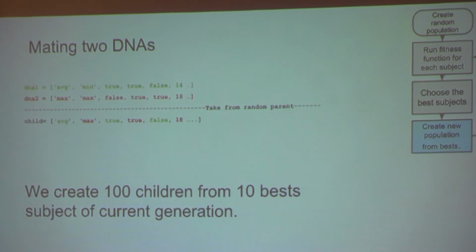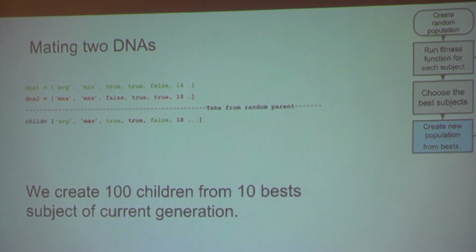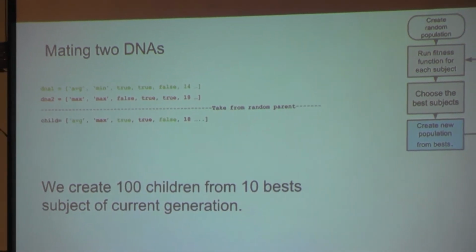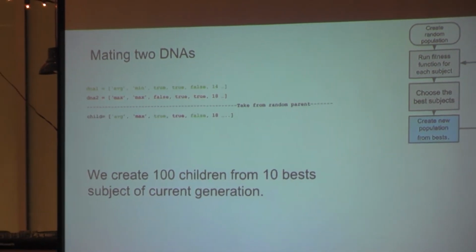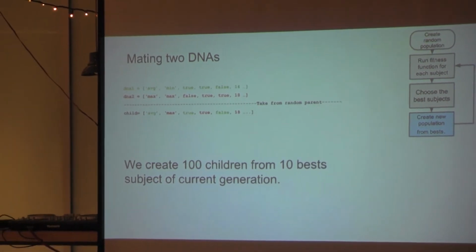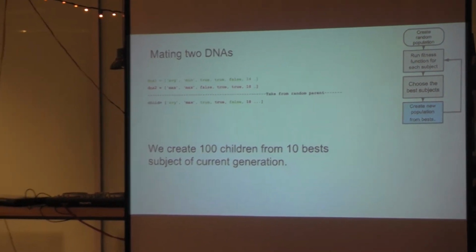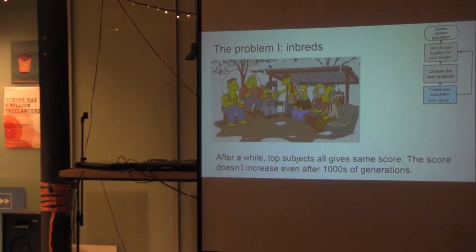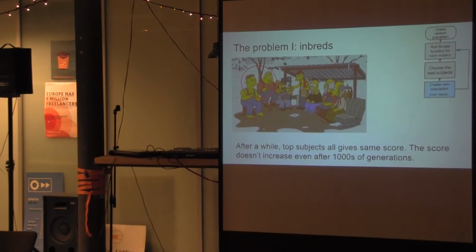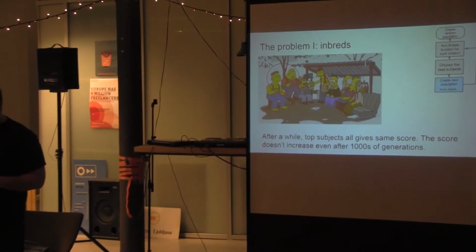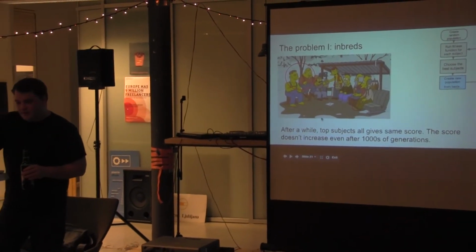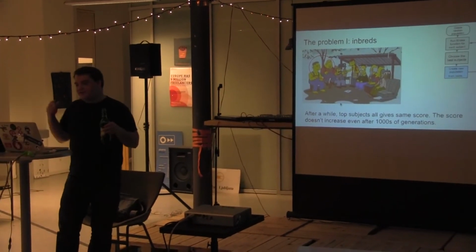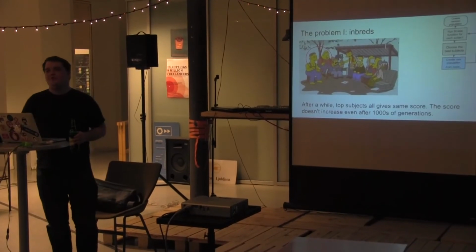Yeah, of course, but if you do it with the whole population, as I said, I did it also, and the scores didn't go up as fast as they could. But it happened, I called them inbred. So after a while doing this, after thousands of generations, we got the same result. There was no new best.